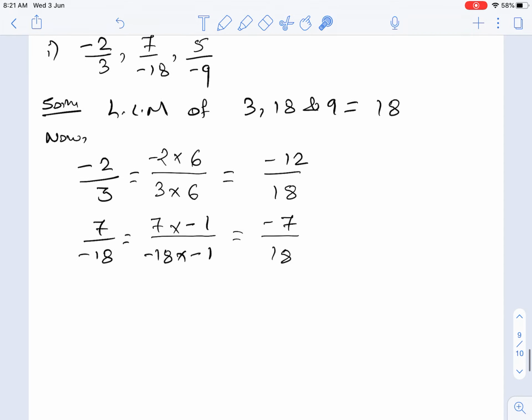Now our next number is 5 upon minus 9 equals? Again the same condition, we have to make its denominator 18. Why are we converting the denominator to 18? Because our LCM is 18. So now same, 5 into minus 9 into.